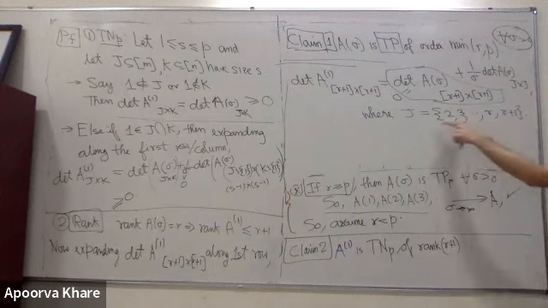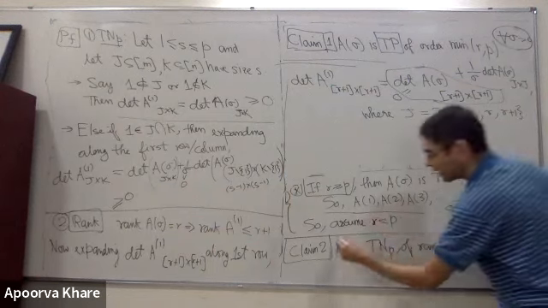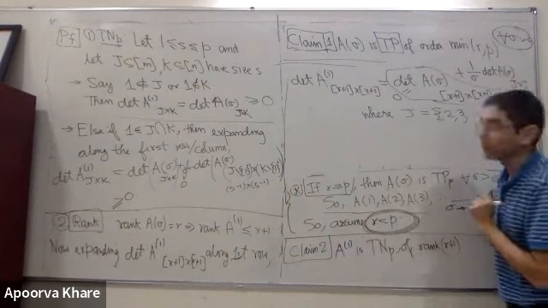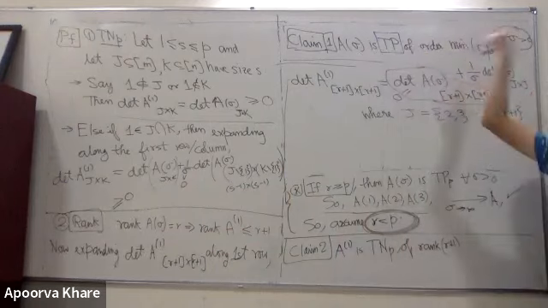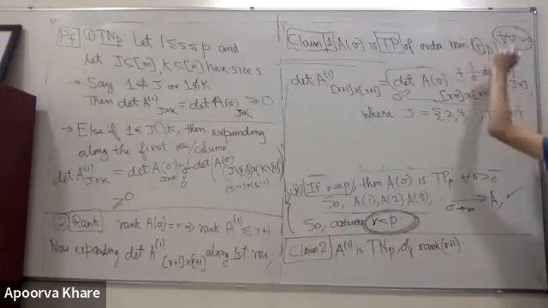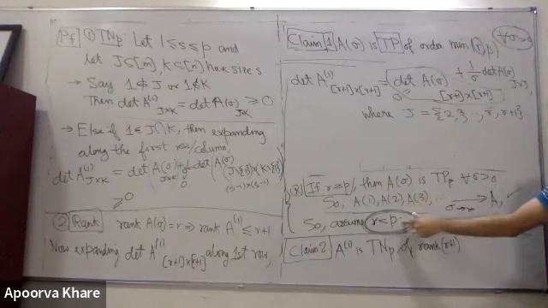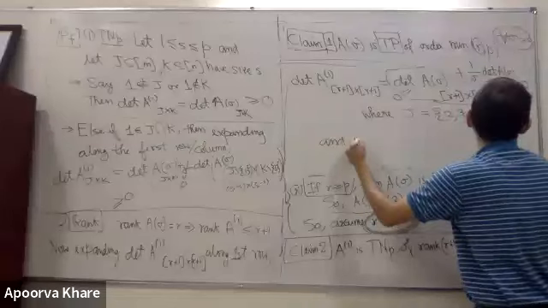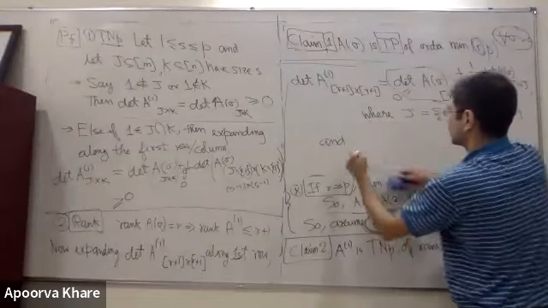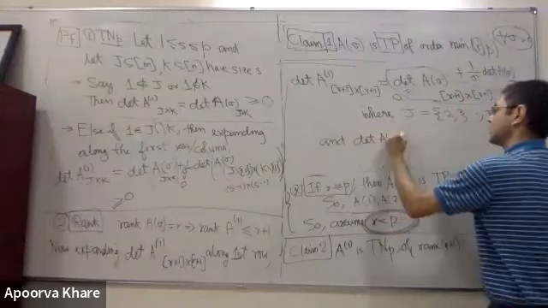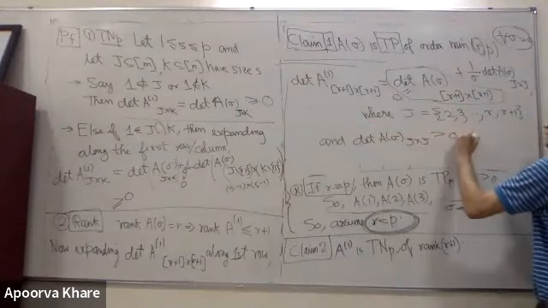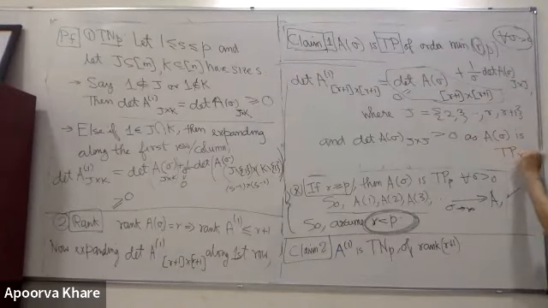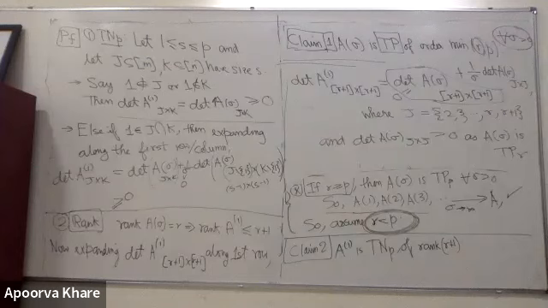The point is the following. J has size R, right? And we are assuming here, and this is the whole key, that R is strictly less than P. Therefore, A of sigma is totally positive of order R, because R is less than P. This is an R cross R minor, therefore it is positive, as A of sigma is TP R. So that is why.